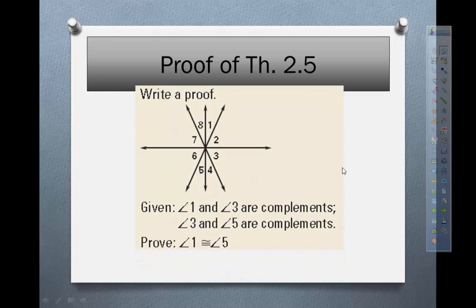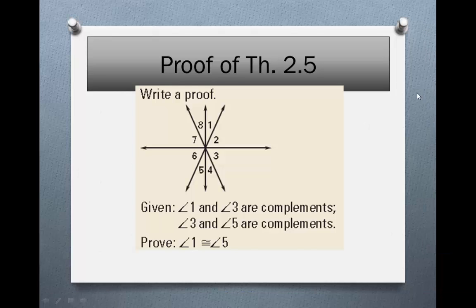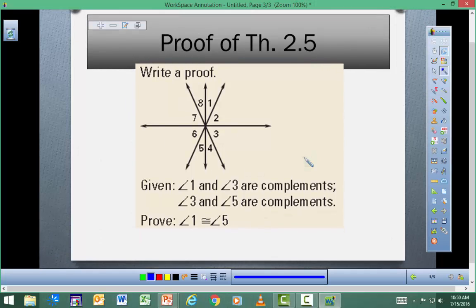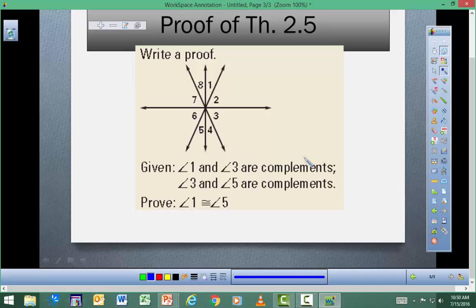Alright, well now let's try this proof. Theorem 2.5. Okay. Well, the framework is very similar to what we had before. You'll notice the same setup. Okay. So, we start off with, I'm going to do it right up here, okay?